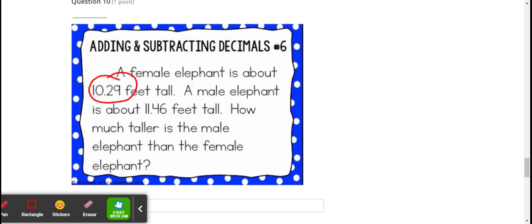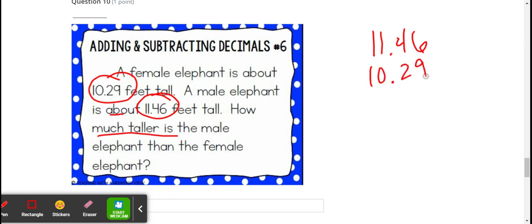Got a female elephant, a male elephant. How much taller is one than the other? So you're looking for the difference between the two. Line up your decimals. And then we start subtracting. We have 6, we need to subtract 9. We don't have enough.